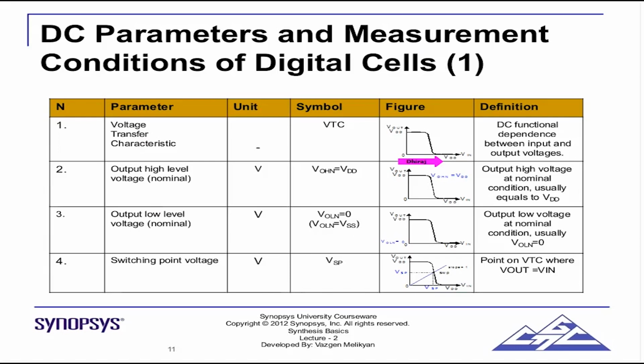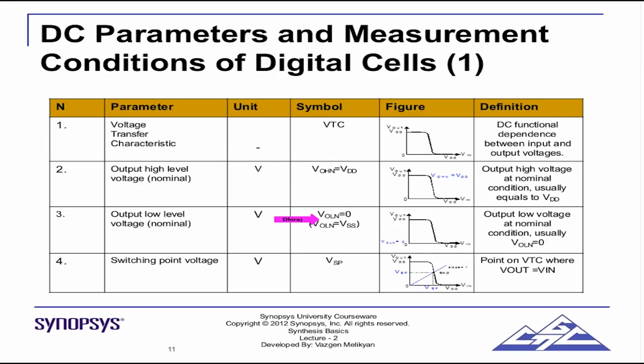The output high voltage nominal value is represented by VOH, N means nominal. It is typically VDD because we want complete swing, so the high logic level is represented by VDD. Output low level voltage nominal is again mostly 0 or negative.